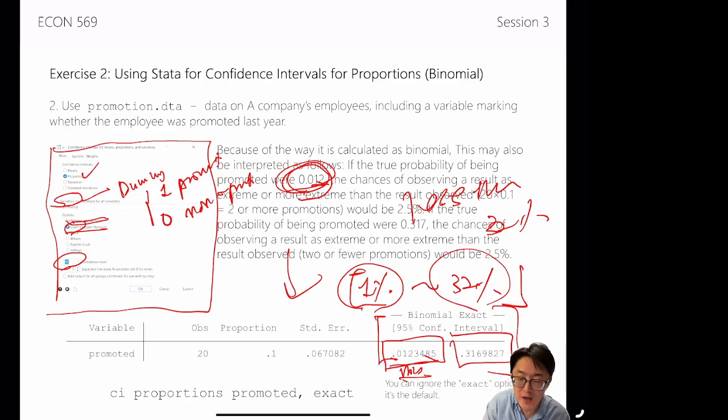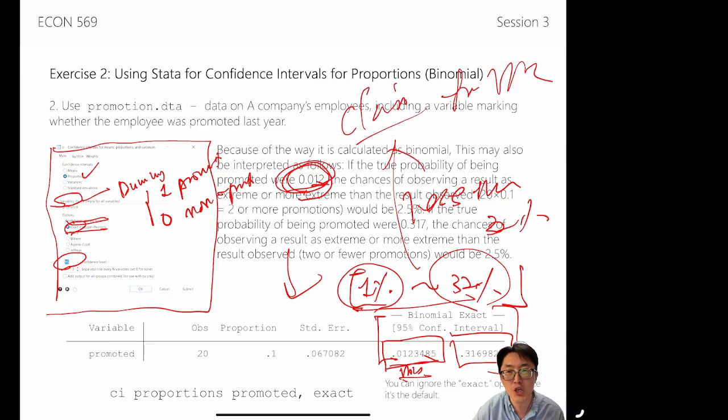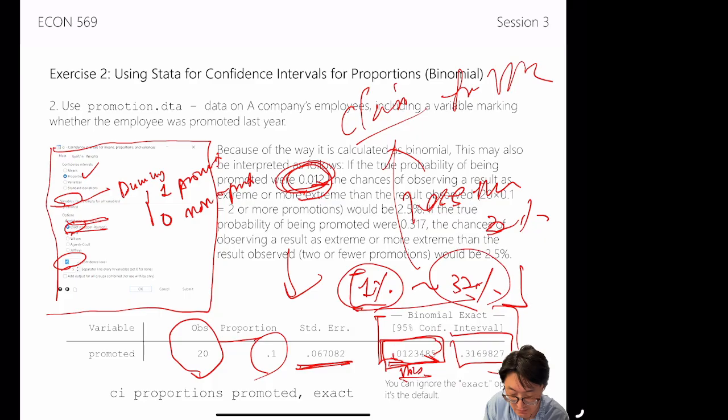And later you can compare this confidence interval with some kind of claim from HR. Then whether HR is telling the truth or not, you can easily verify. So here you have 20 observations, and within these observations your proportion is just 0.1. And this is the standard error. Now your chance is between about 0.012 to 0.31.